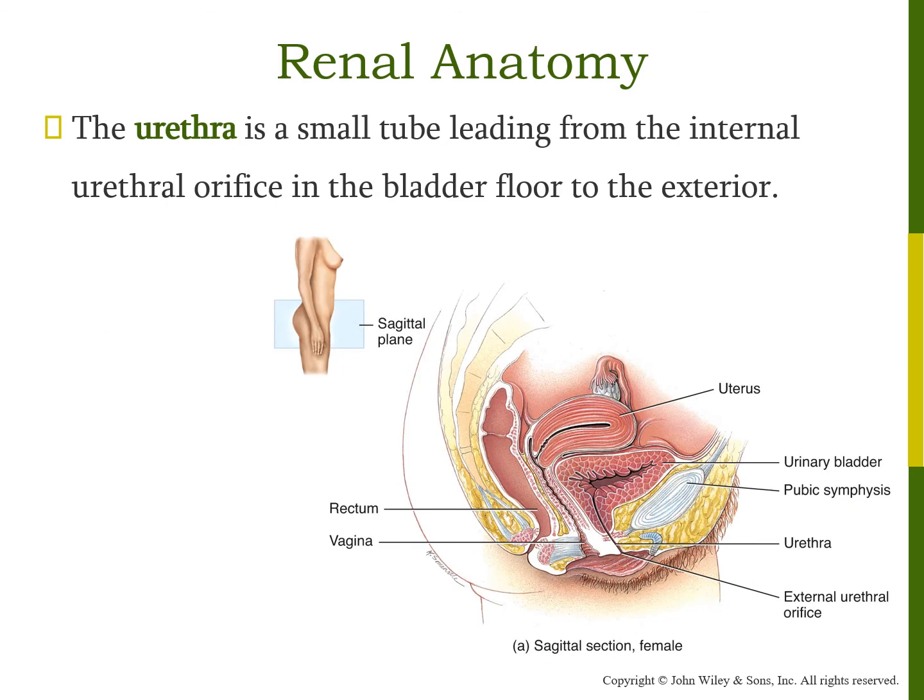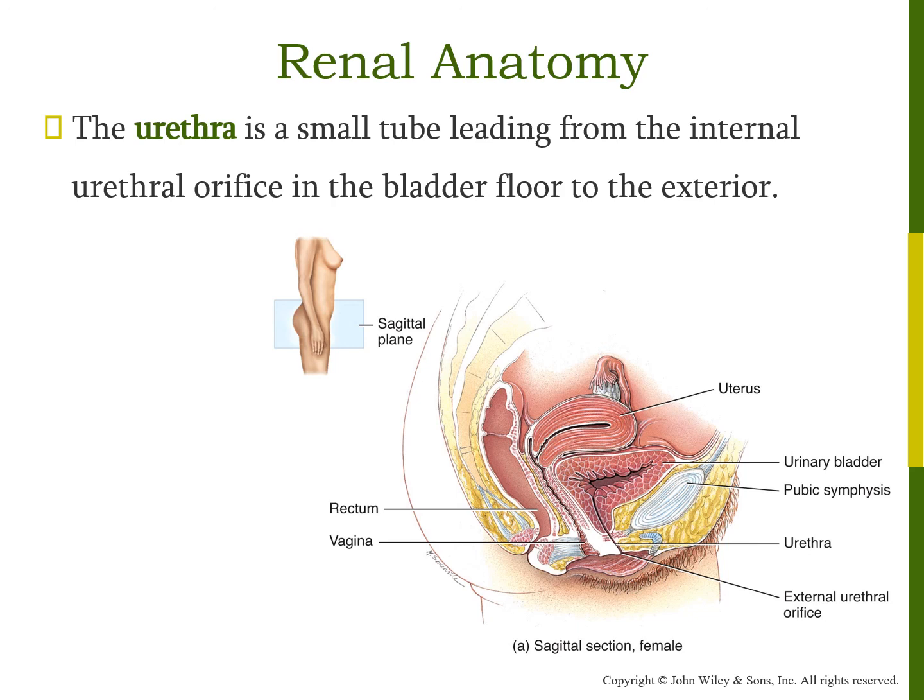The urethra is a tube that leads from the internal urethral orifice at the base of the bladder to the exterior of the body. In females, the urethra is unique to the urinary system. However, you will recall that in males, the urethra is a passageway for both urine and sperm, and therefore is an organ of both the urinary and reproductive systems.